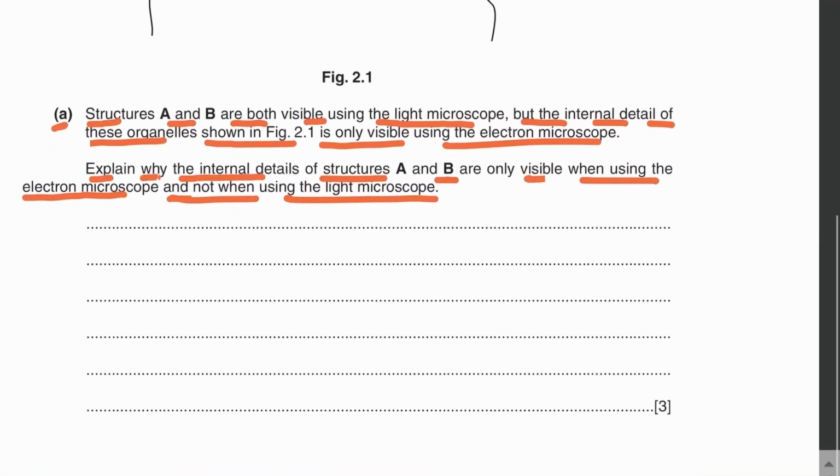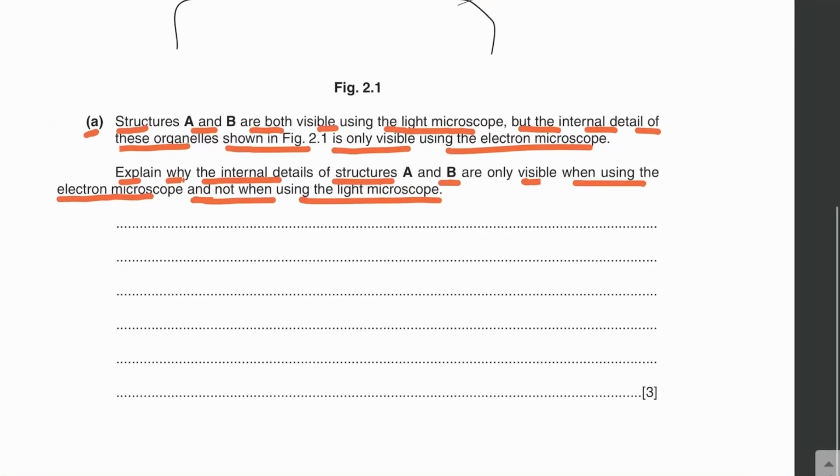Whenever the examiner asks you about the details, the examiner wants you to write about resolution. Is that clear? As we all know, the light microscope has a lower resolution and the electron microscope has a higher resolution. So you see more details of the organelles under the electron microscope, and less detail under the light microscope.